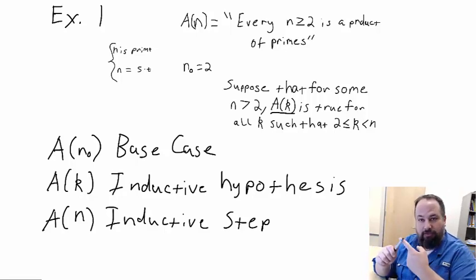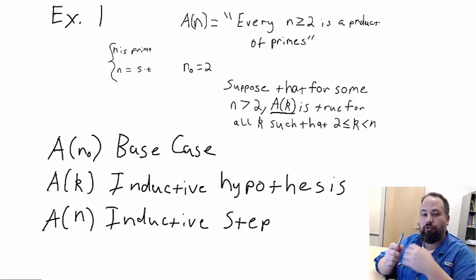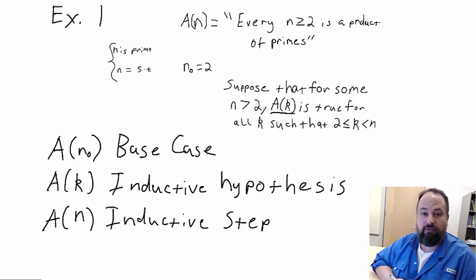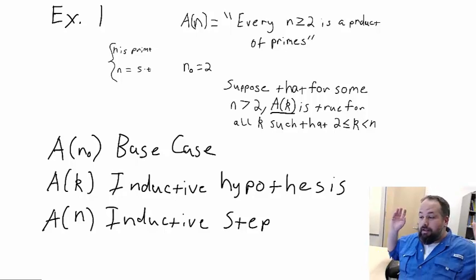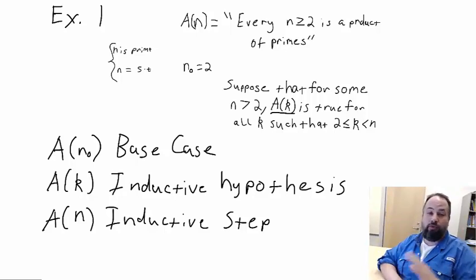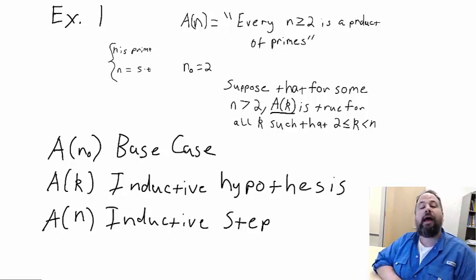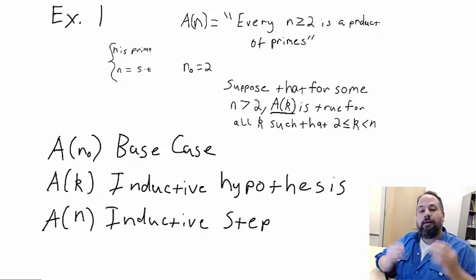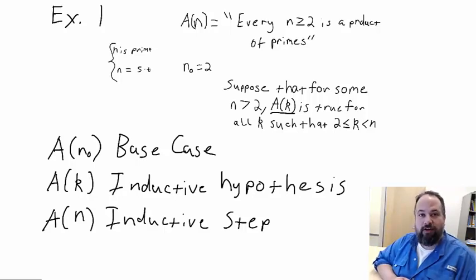If the base case is true and the hypothesis is true, then we prove that the inductive step must be true. Now, if the inductive hypothesis was not true, then the inductive step becomes not true. However, because of the nature of induction, if the inductive hypothesis wasn't true, we would not be able to prove the inductive step, right?